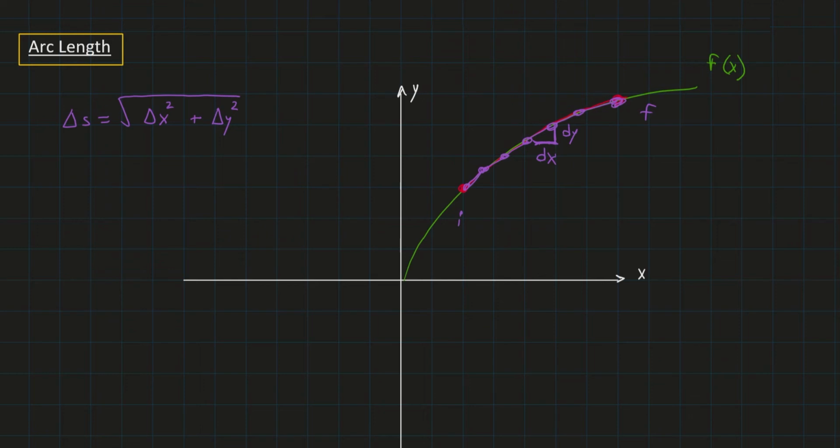Remember, dx and dy are the same as delta x and delta y. It's just that they are what we call infinitesimally small, differentially small. It's just microscopically small, and you can keep getting smaller and smaller even after that.